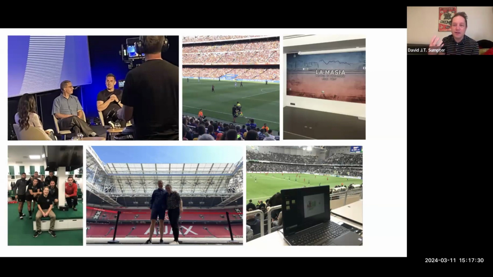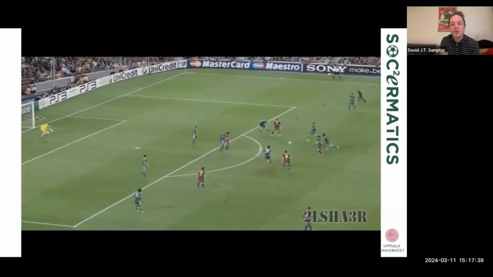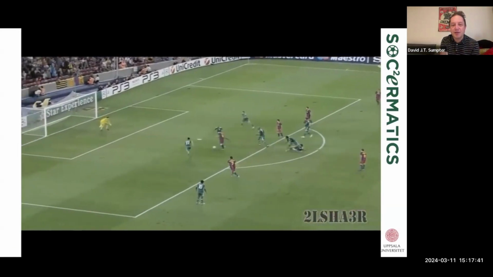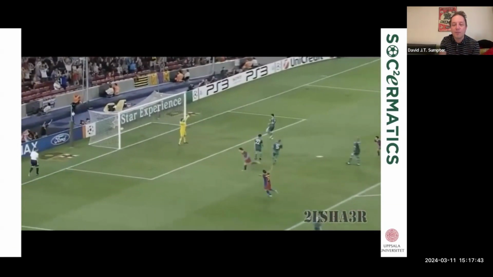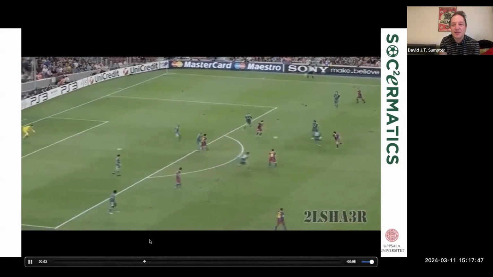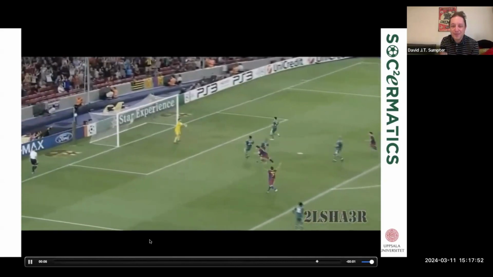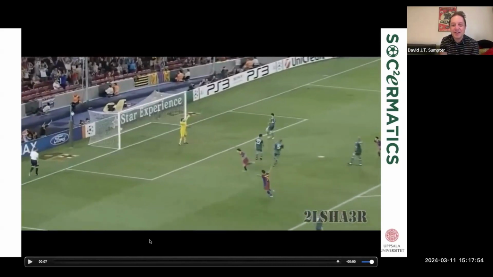So there was a lot of interest in this type of approach, thinking about how we could use mathematical models to understand football. And I'm going to go right back to one of the first things that I ever thought about with this. This is a goal from a few years ago now, from the famous Lionel Messi from the earlier stages of his career, the 2010, 2011 season.